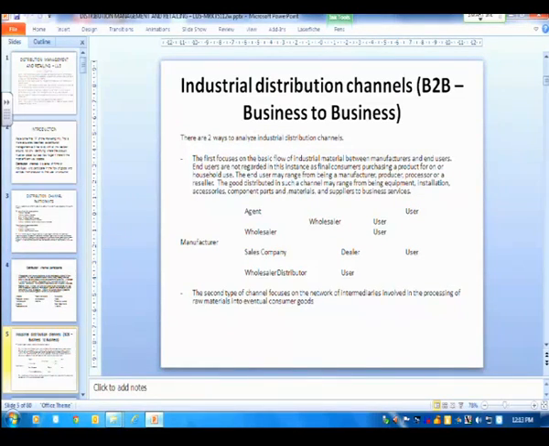And then that will go to wholesalers, to dealers or users who are normally the end user of the product. The second type of channel focuses on the network of intermediaries involved in the processing of raw materials into eventual consumer goods.